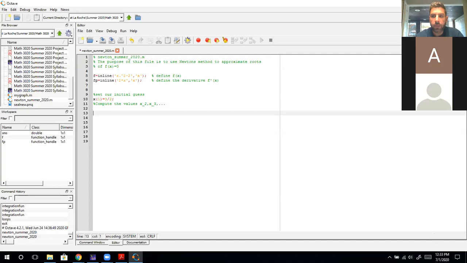The way you can get a computer to do the same thing over and over again real quickly is, one way, what's called a for loop. So you start off by saying for, and now we need some sort of index. We'll use k. So we'll say for k equals 2 to, say, 10 for now.